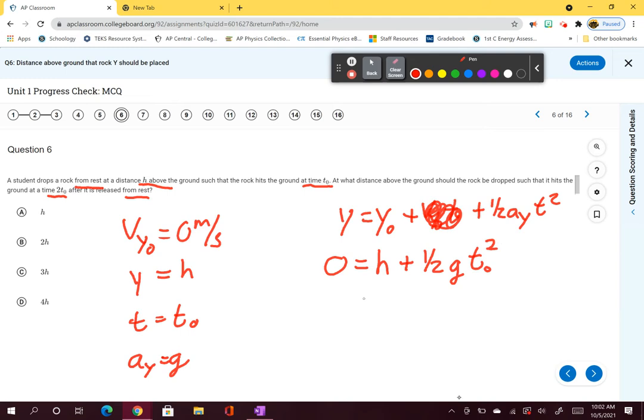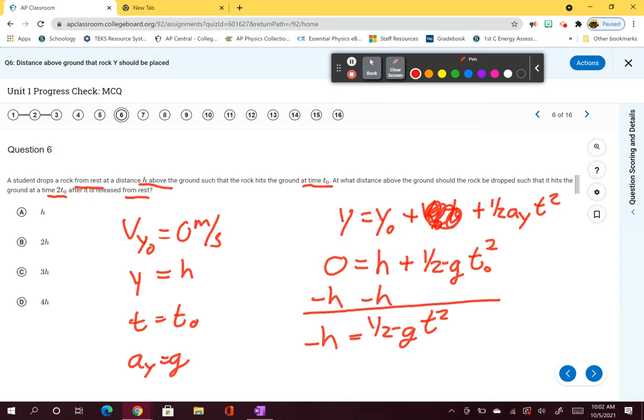So let's bring this over, because when you want to compare, you want one thing you're comparing to over the other. So we get a negative h equals 1/2 g t squared. But we also know our g is negative, right? Because it's going down.